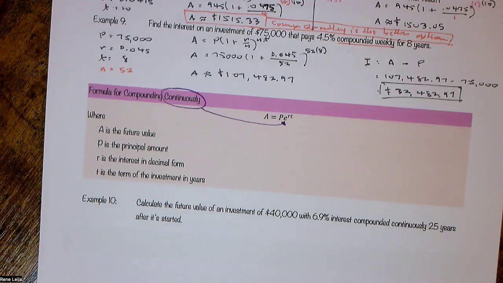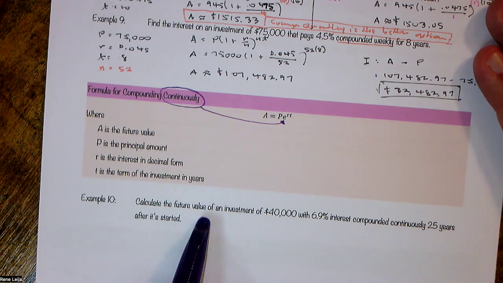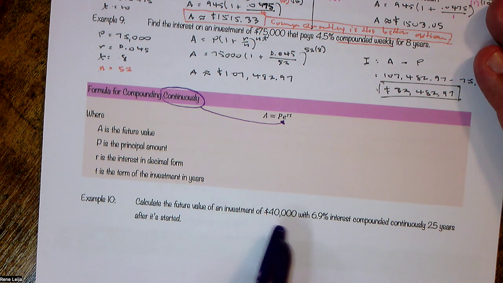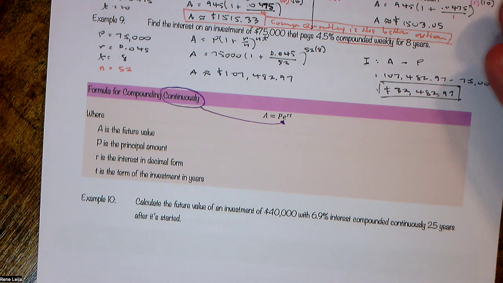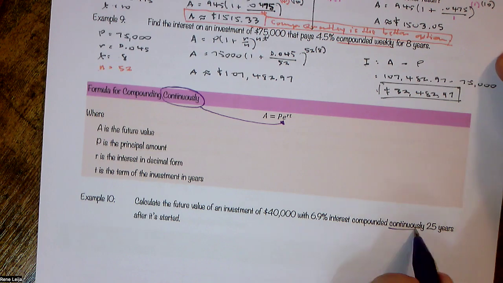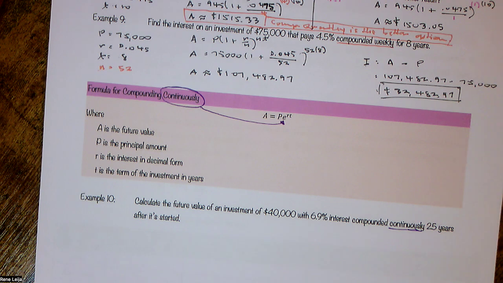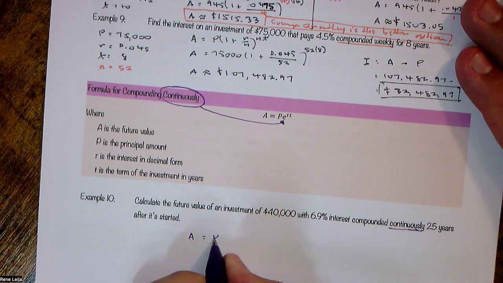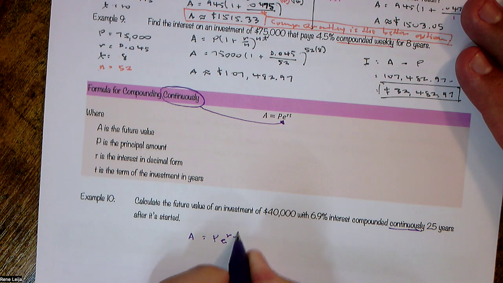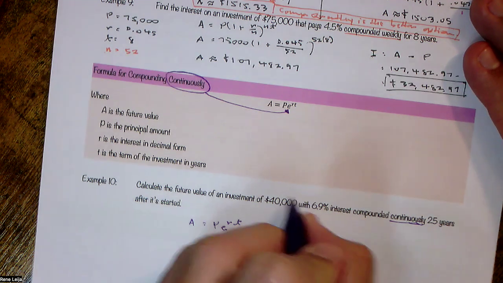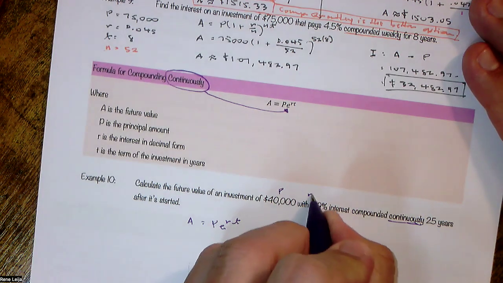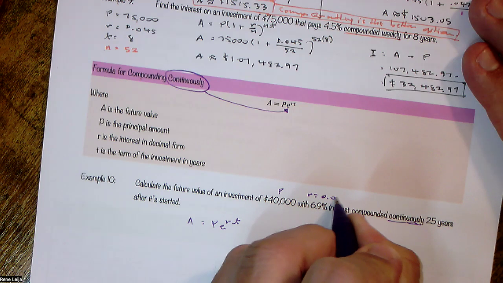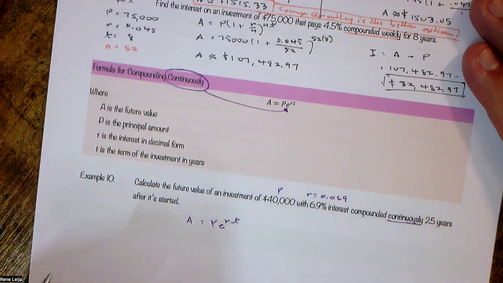Okay, so example 10: calculate the future value of an investment of $40,000 with 6.9% interest compounded continuously for 25 years after it's started. So A equals P times E raised to the R times T power. Here's the P. Your rate is going to be 0.069.